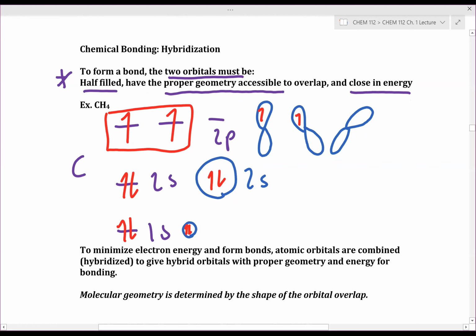We're going to take these atomic orbitals and we're going to mix them, combine them together to get orbitals with an average shape and energy known as hybrid orbitals. So atomic orbitals are combined, hybridized, to give hybrid orbitals with the proper geometry and energy for bonding. So let's show this for carbon. Let's draw a picture.